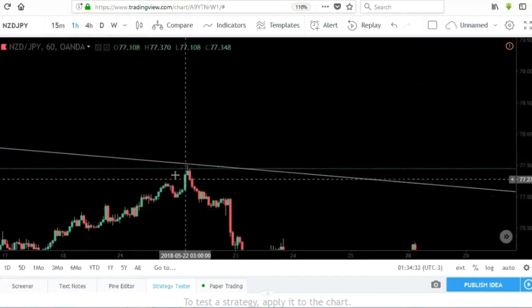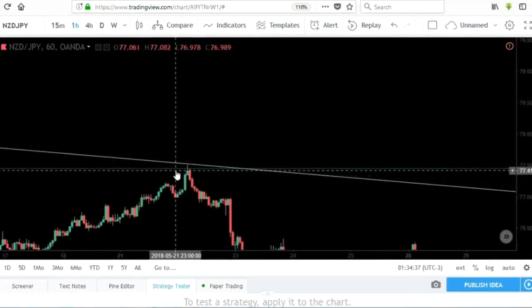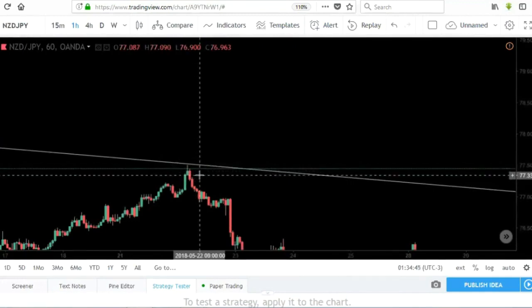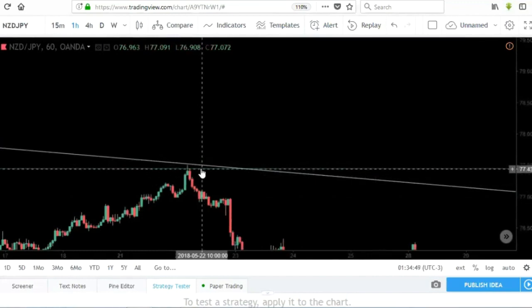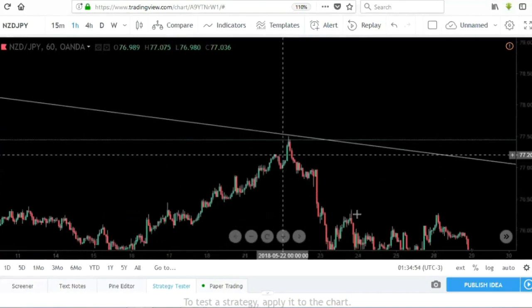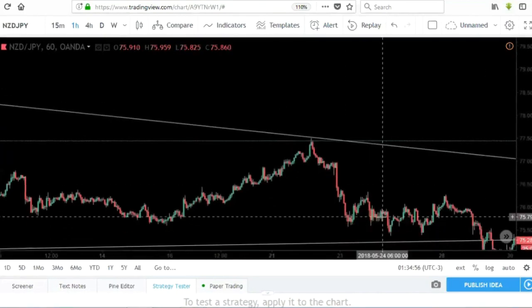Price opened here and closed right here. During this 1 hour interval, price was once this high, but then the sellers took over. So this is what we expected afterwards: a downward move. The price went and created a new high, then came all the way down, impulse all the way down. It gave us maximum profits.